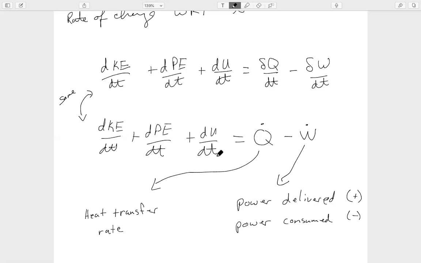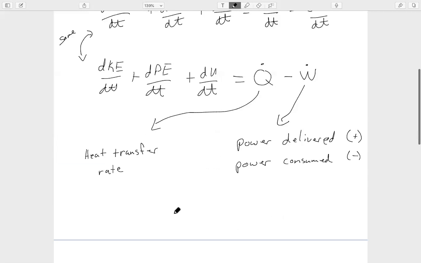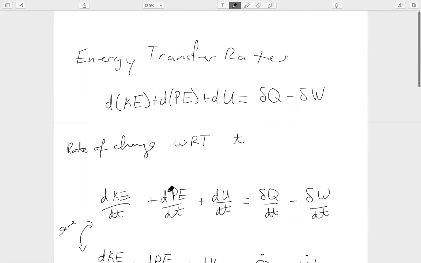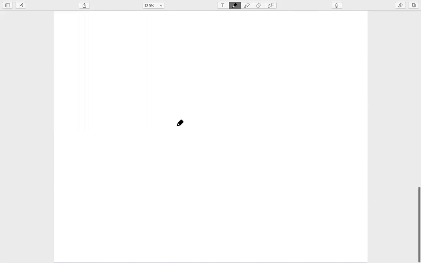Now, we'll have more to say about some of these other ones. I do want to focus here on the heat transfer rate. So I should say, basically, oh, I apologize, my stylus is going crazy there.